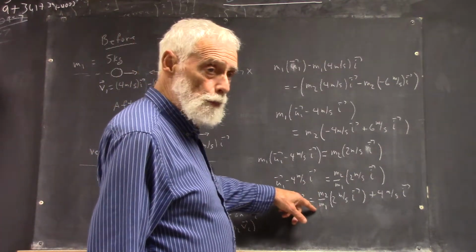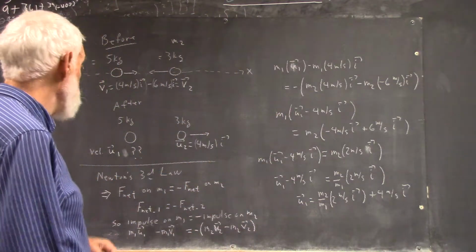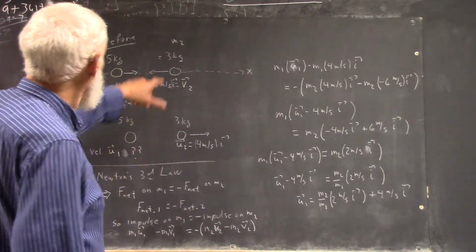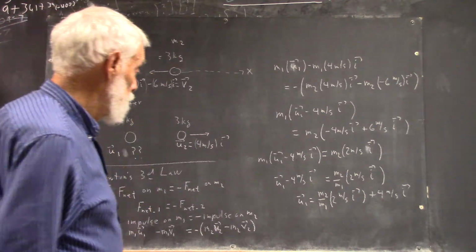Now M2 over M1 is the key quantity here. I didn't put the numbers in, but I'll talk about that ratio. M2 over M1 is 3 kilograms over 5 kilograms, right? Which is just 3/5.